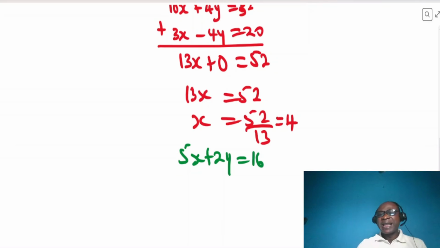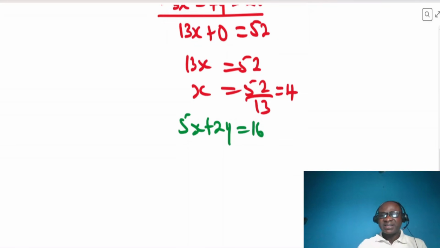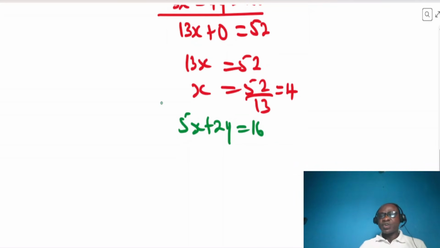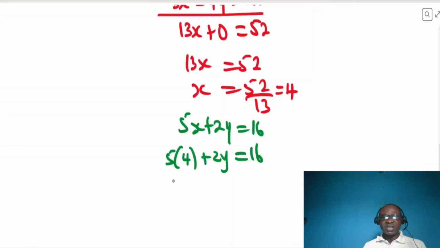So what I will do here, I replace the value of x anywhere it appears with the value 4 gotten. Therefore, here will be 5 multiplied by 4 plus 2y is equal to 16, making 20 plus 2y equal to 16. Sorry.